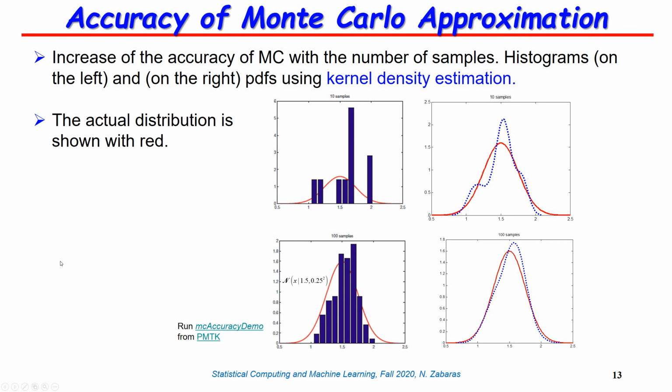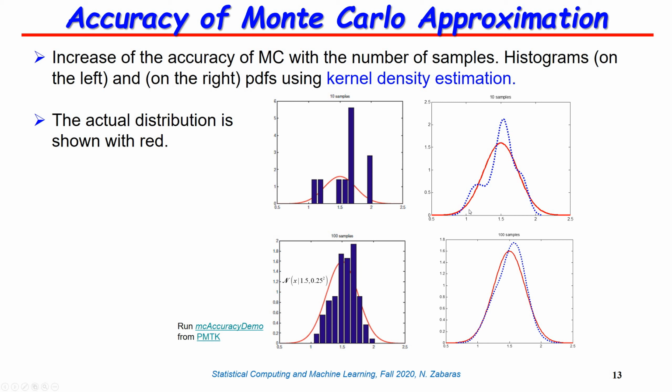And here is another Monte Carlo approximation, and in this case I'm approximating data with a Gaussian distribution. Actually in this particular case we have a histogram, and then we fit this histogram with what I mentioned before, a kernel density estimation, and you notice depending on how many samples I have, the approximation that this kernel density estimation gives me, in this case, doesn't look very good versus the exact Gaussian from where the data are coming.